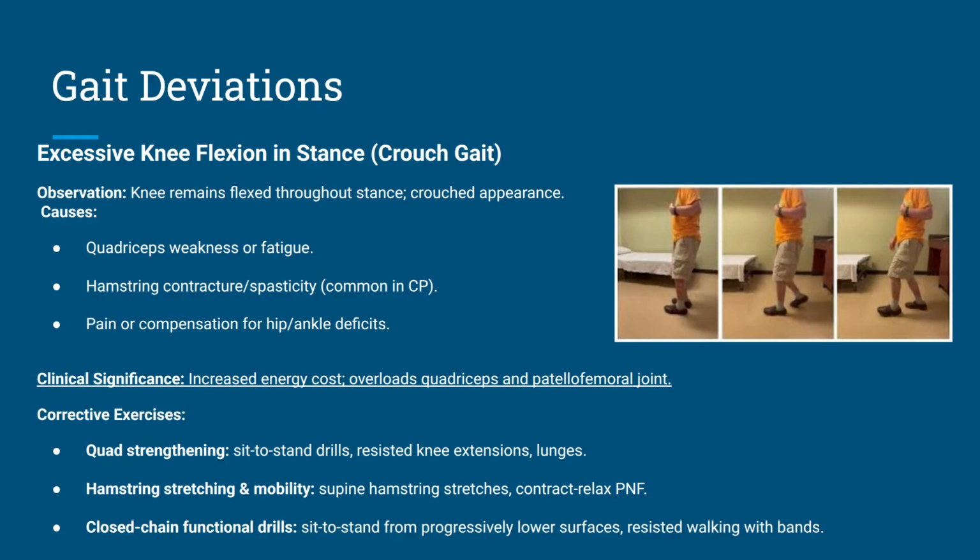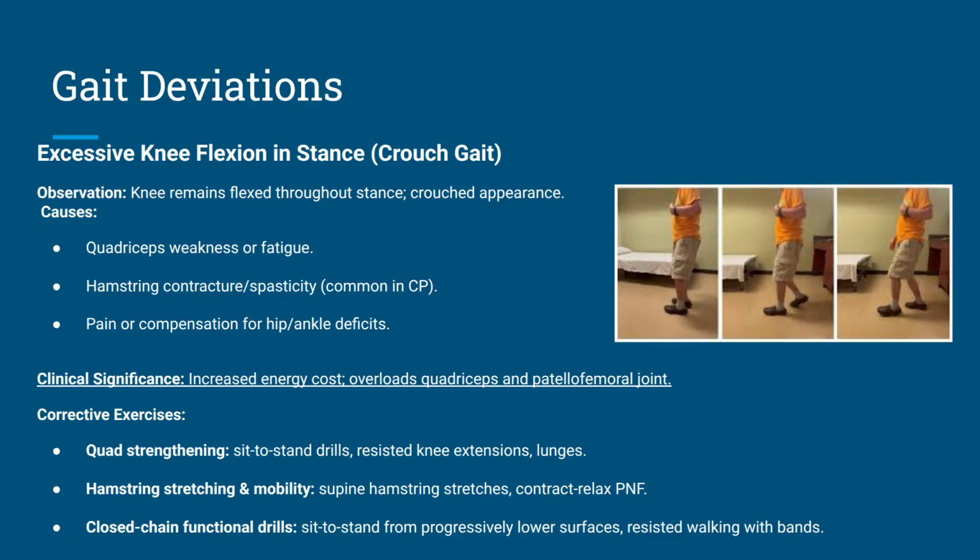Corrective interventions. Progress quad strengthening through functional ranges, such as the sit-to-stand drill, resisted knee extensions, and/or lunges. Hamstring mobility, if limited, you can do supine hamstring stretches or a contract-relax PNF.